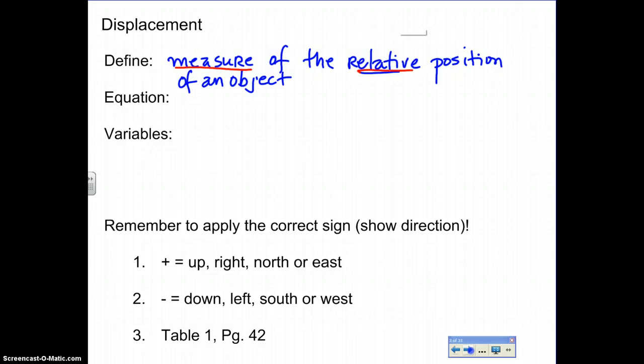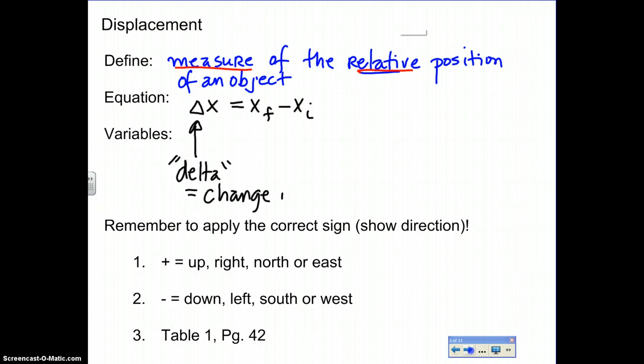So often we say the equation for displacement is delta x equals x final minus x initial. Anytime you see the variable delta in physics and a lot of other sciences, this is a Greek letter that means change in.